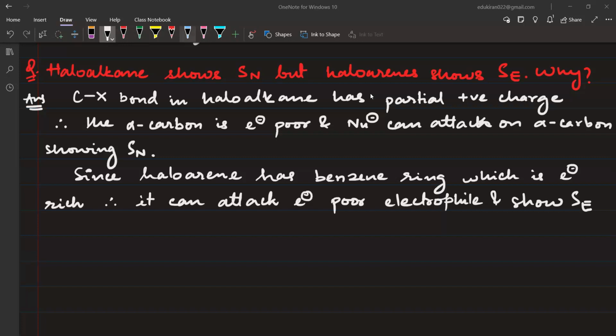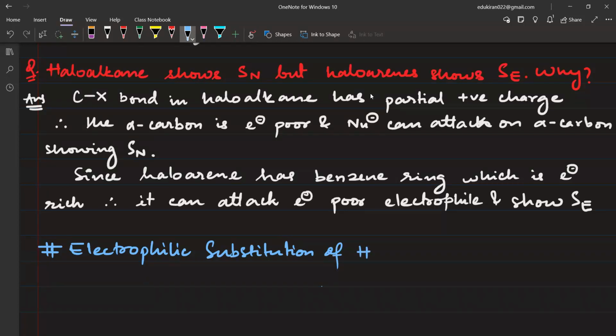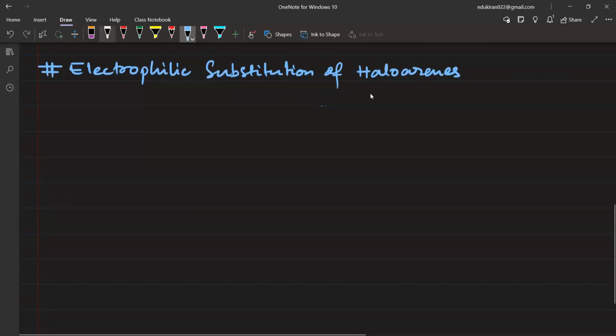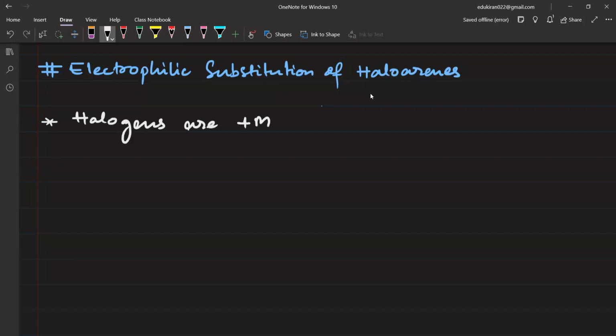From here, you will write electrophilic substitution of haloarene. Right here, halogens are plus M group and show resonance.